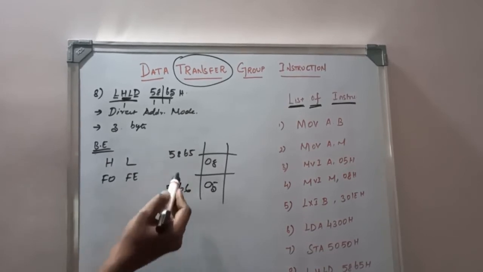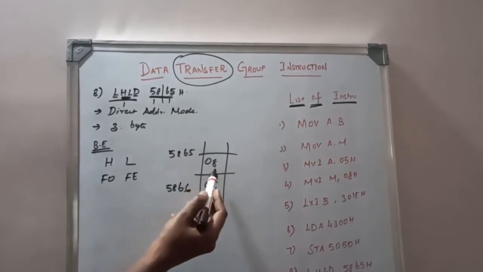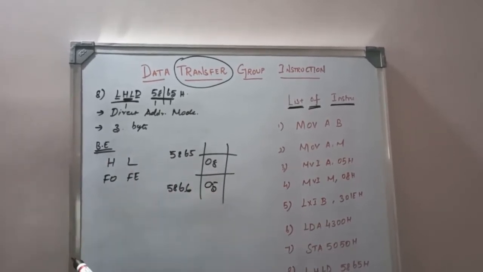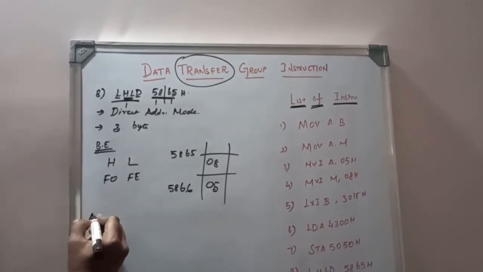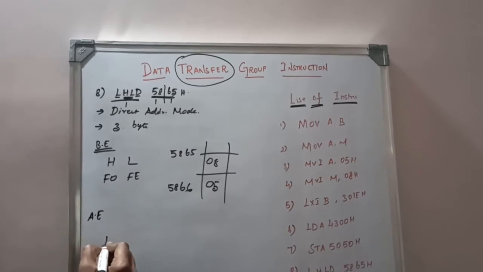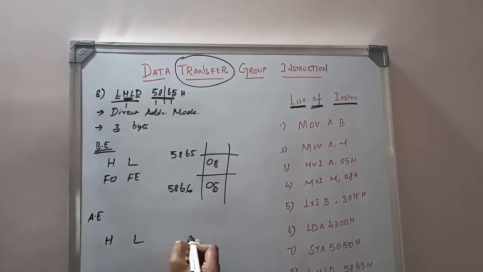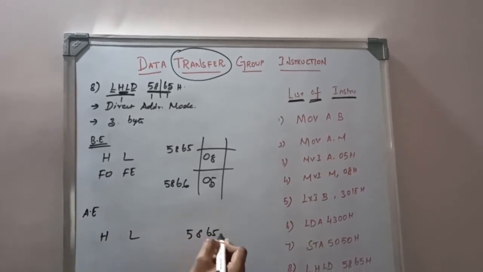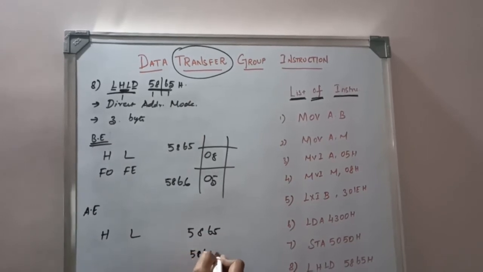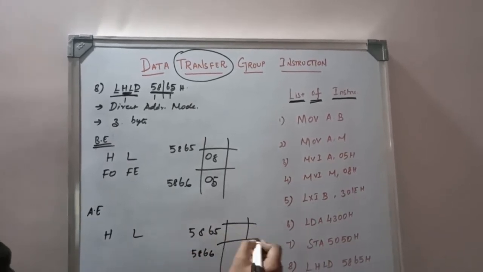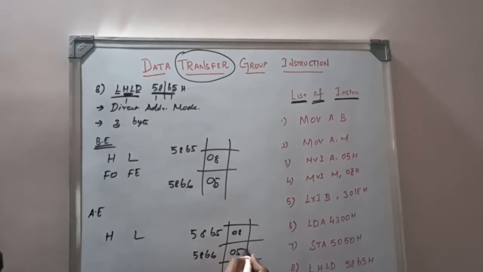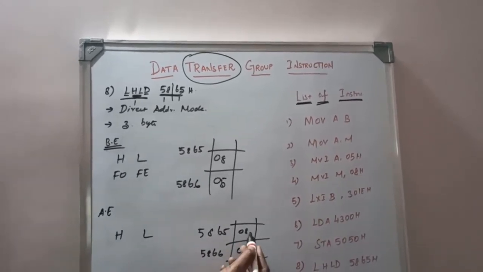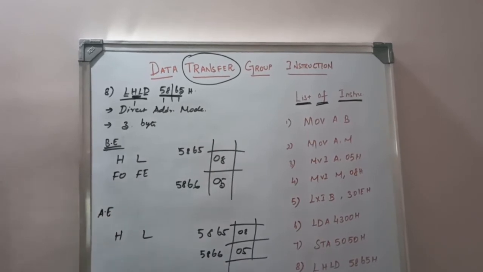Here we need two memory locations because two values are to be stored in the HL pair register from memory. After execution, memory locations 5865 and 5866 hold the two 8-bit values 08 and 05H. This value is transferred to the HL pair register.